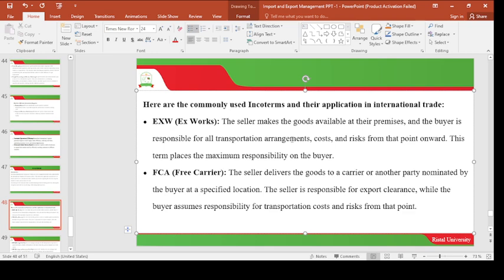So Free Carrier means the seller delivers the goods to the carrier, the company that's going to transport the goods, or any person nominated by the buyer, and the seller will make export clearance to clear these goods to move. But the cost of transporting these goods and the risk involved will be on the buyer, the owner of the goods.